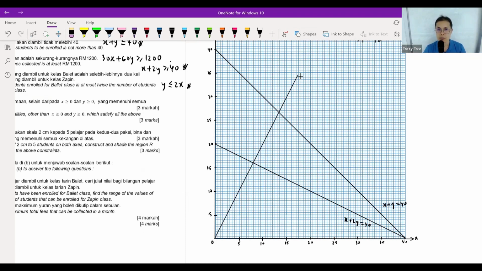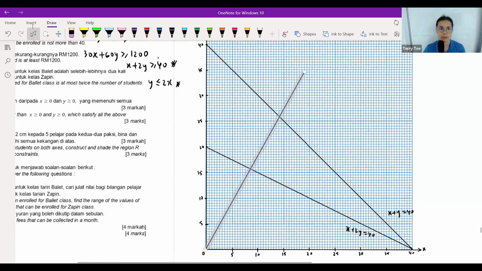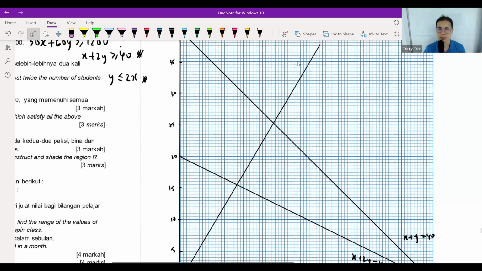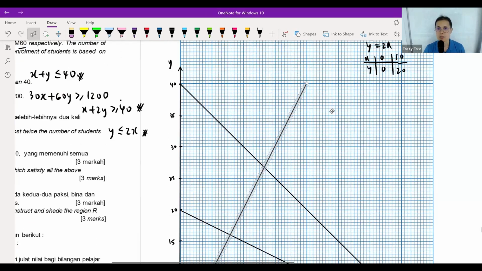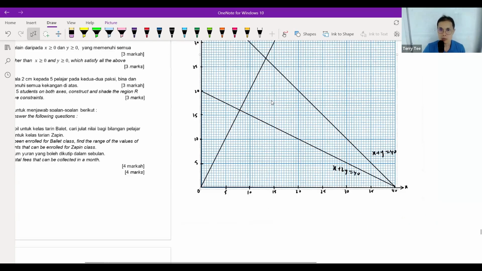So just extend the line, making sure it passes through 20. Let's see whether it passes through 20 or not. Let me adjust this a little bit. Maybe I can do it a bit higher here because it looks easier to map. Okay, it's 10, 20, around that. So this is y equals 2x.